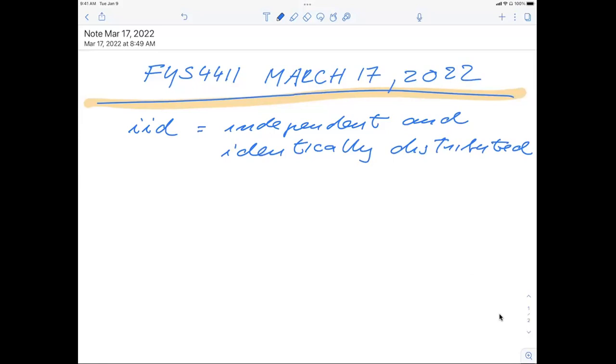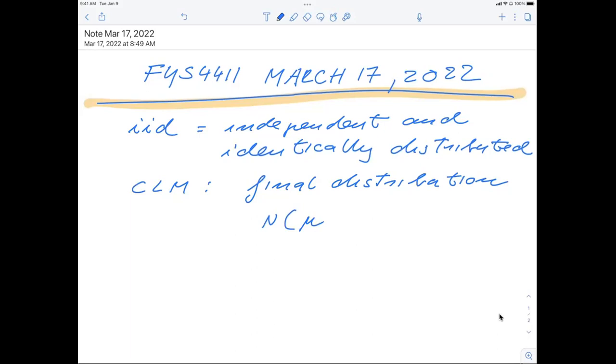So in the limit, the central limit theorem, CLT, states that the final distribution is going to be a normal distribution, or Gaussian, N, which is now given by the mean value of the individual independent and identically distributed variables.